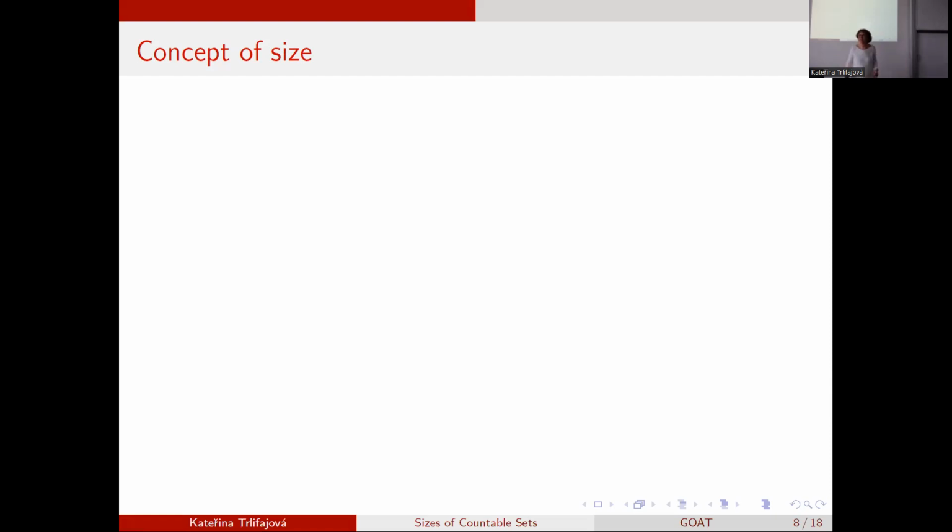For instance, when we would like to count all inhabitants of the earth, we could arrange all countries alphabetically and then count inhabitants of every country, and then add it together. So this is the idea of how to count or how to express sizes of countable sets.